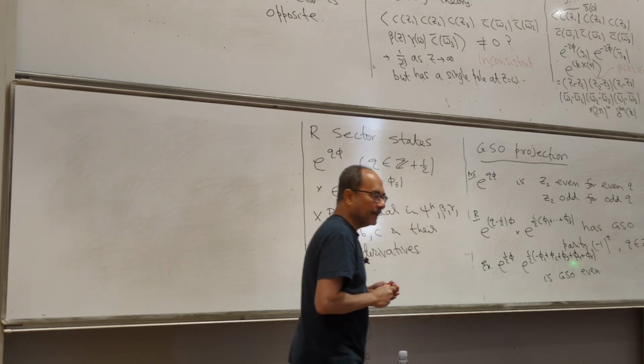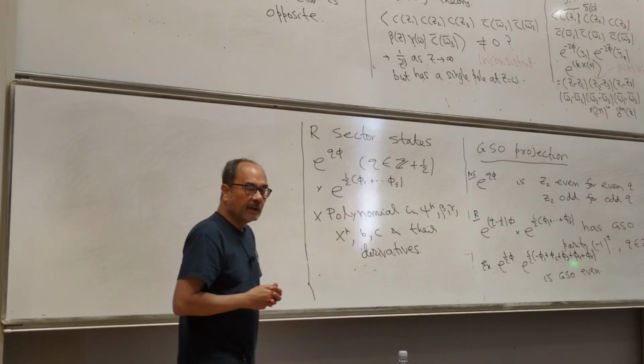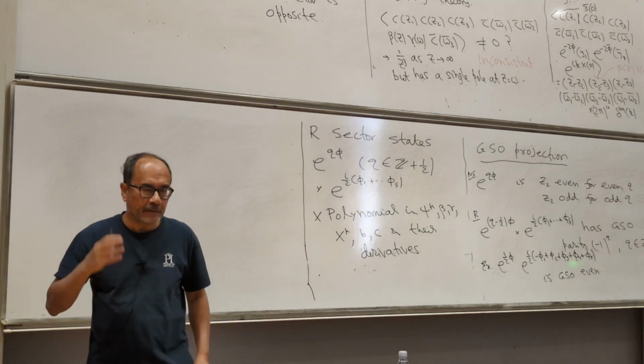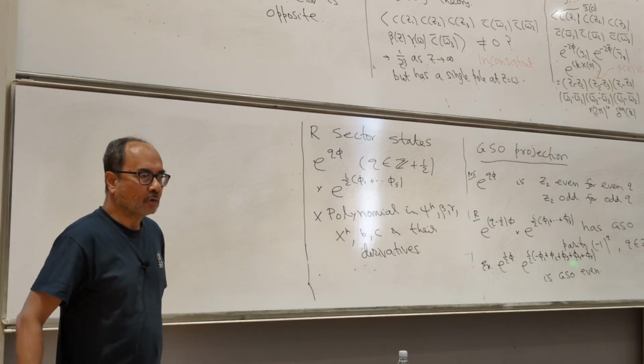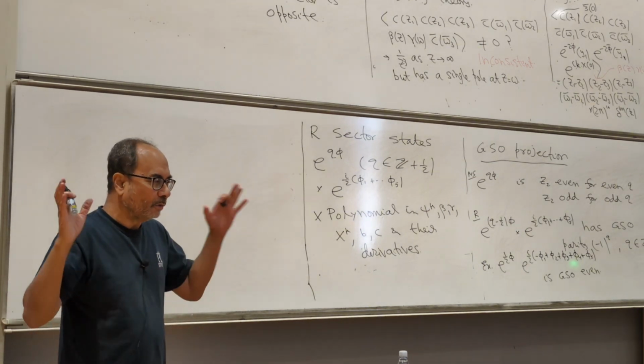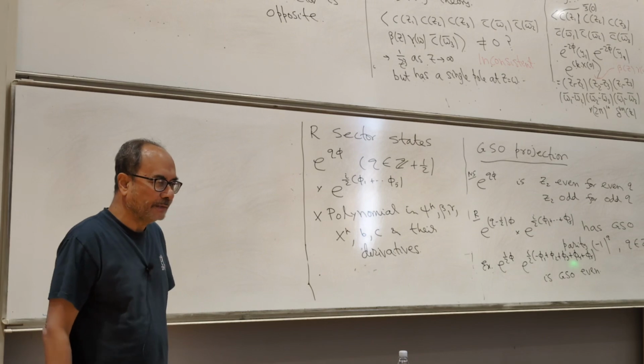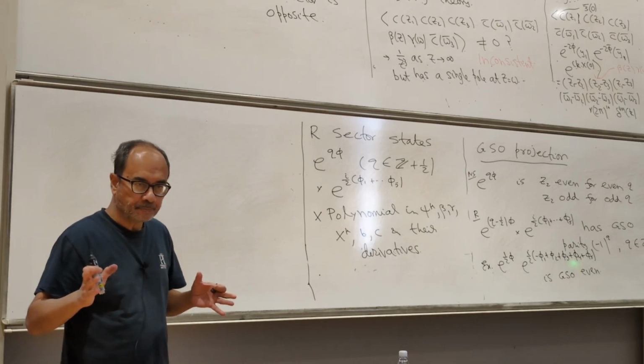If you recall, for the bosonic string, when we introduced physical states, we defined cohomology. Okay. But the cohomology was defined not on the full state space of the conformal field theory, but on a subspace. Okay.